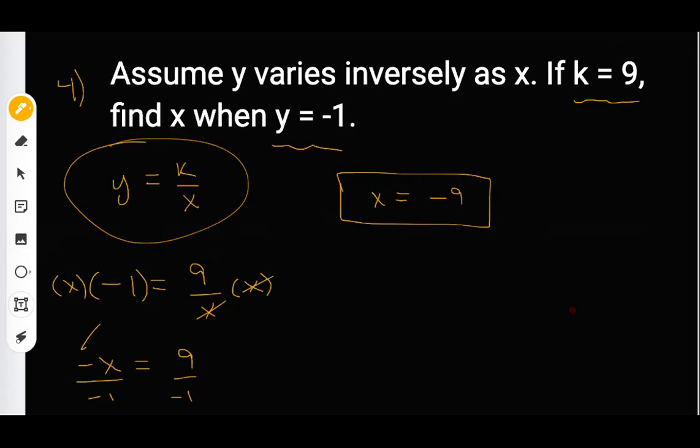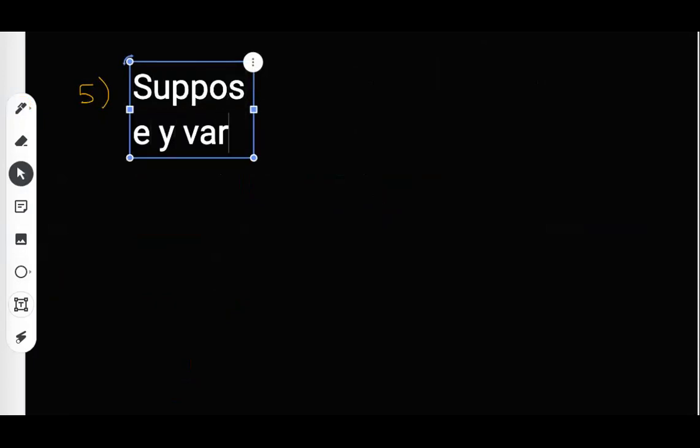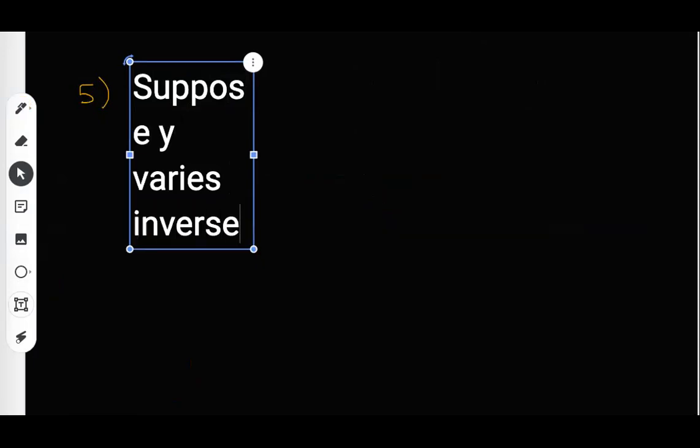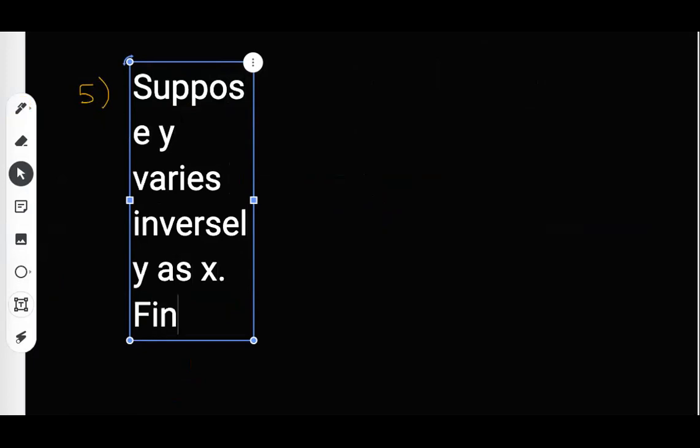Okay, let's look at the last one. All right, so number 5 says, suppose y varies inversely as x, find k when x equals 4 and y equals 10.